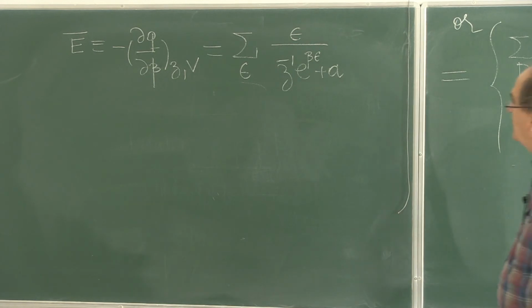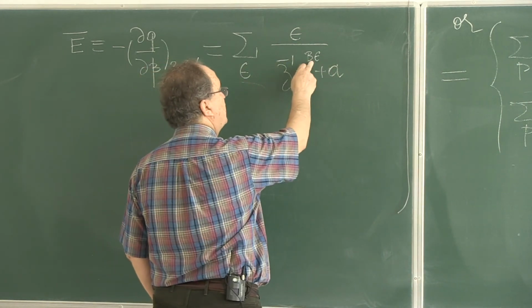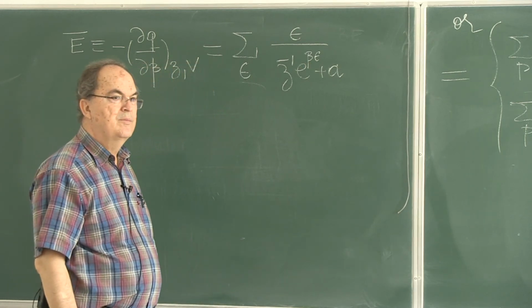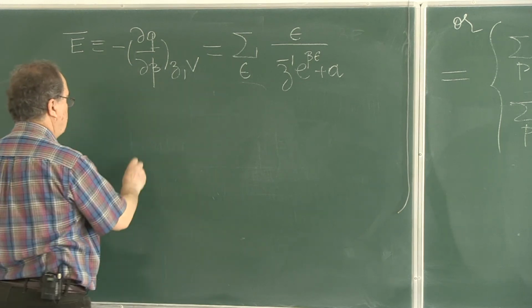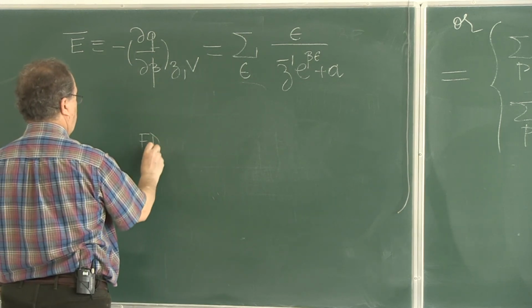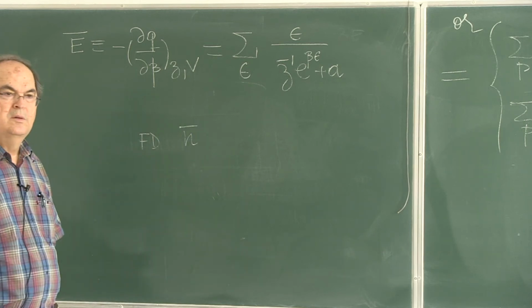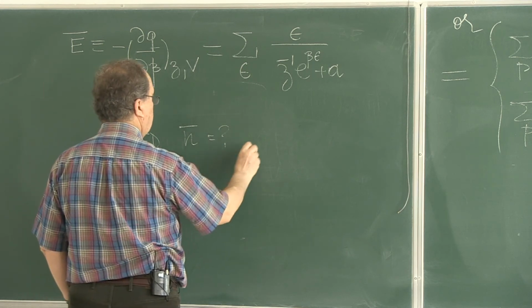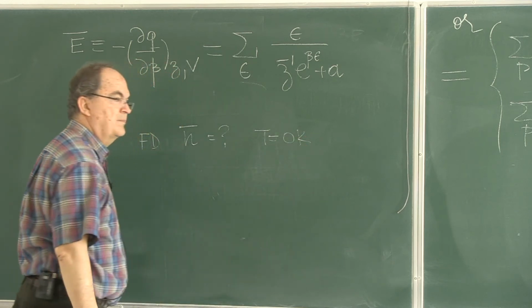For example, at T equals 0, what is the n bar for Fermi-Dirac, the average occupation number? What happens to it?